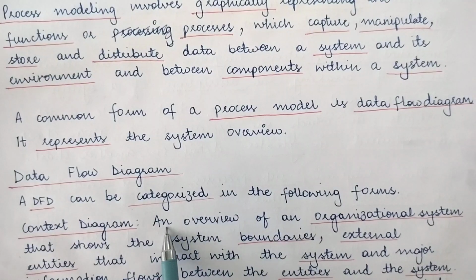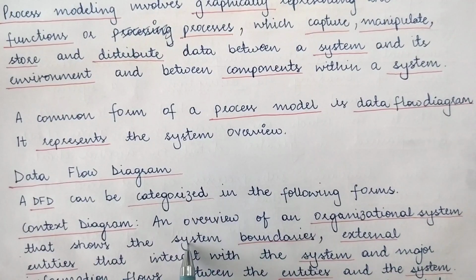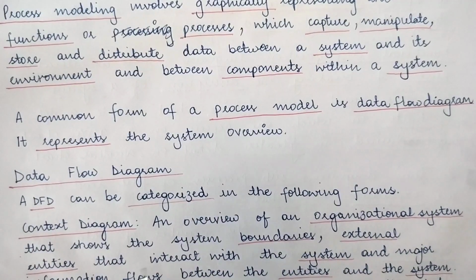When we talk of a context diagram, it basically provides us with an overview of an organizational system that shows the system boundaries and the external entities that interact with the system.